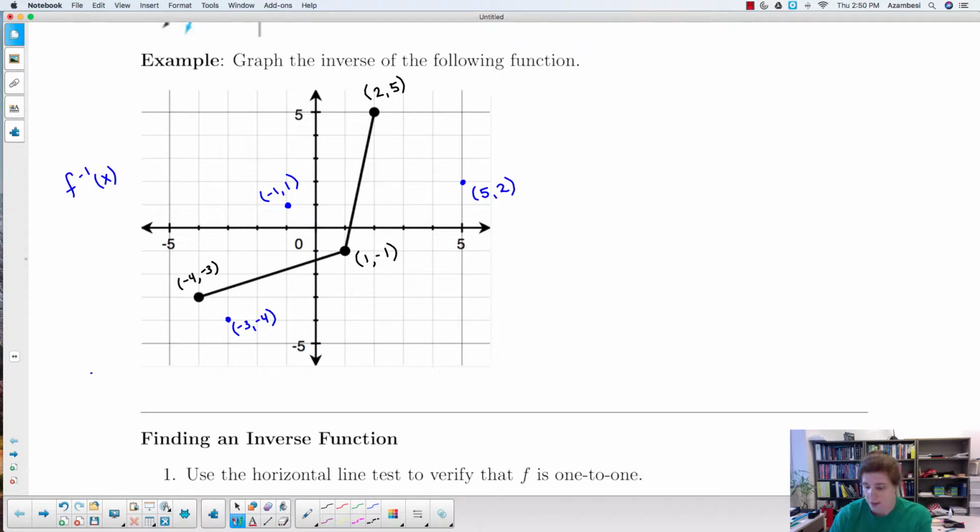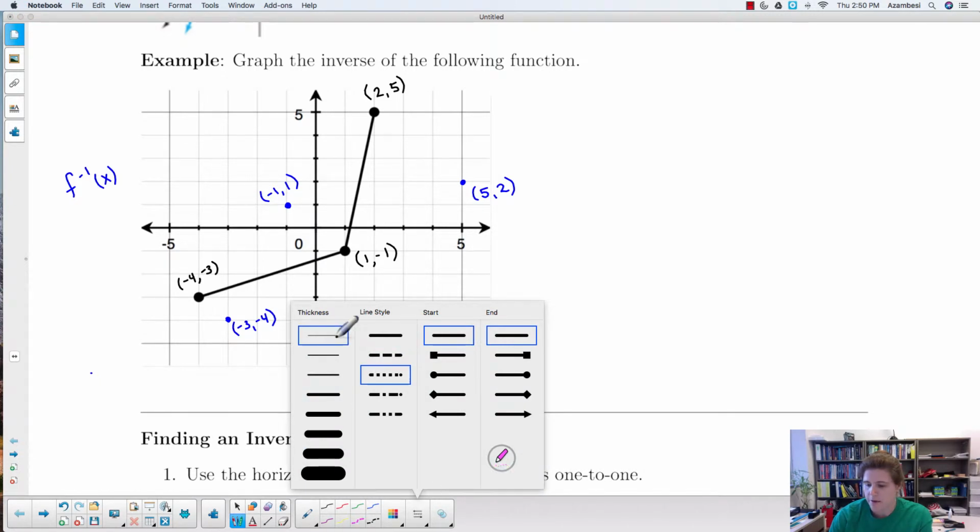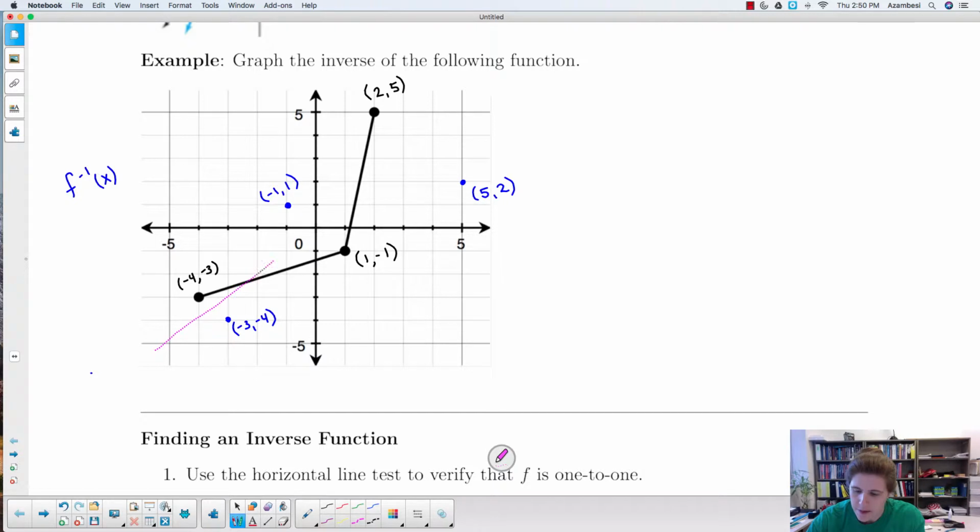Now the rest of the points we get from the reflective property of the inverses. So if I actually create a line that represents the y equals x line, this would be something that looks like the y equals x line. Everywhere that the original function crosses this line, we also have a point on the inverse.